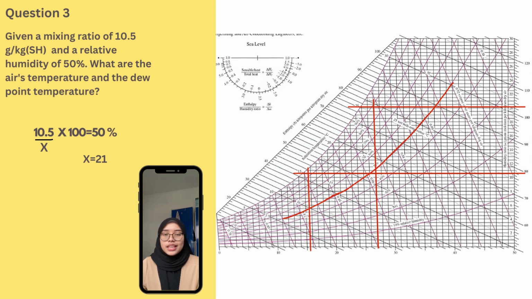This is 50%, half of what the air could potentially hold. Once you know the saturation mixing ratio, which is 21, you can imagine cooling the air until the RH becomes 100%. This occurs at 50.5 Celsius. The dew point is 50.5 Celsius.